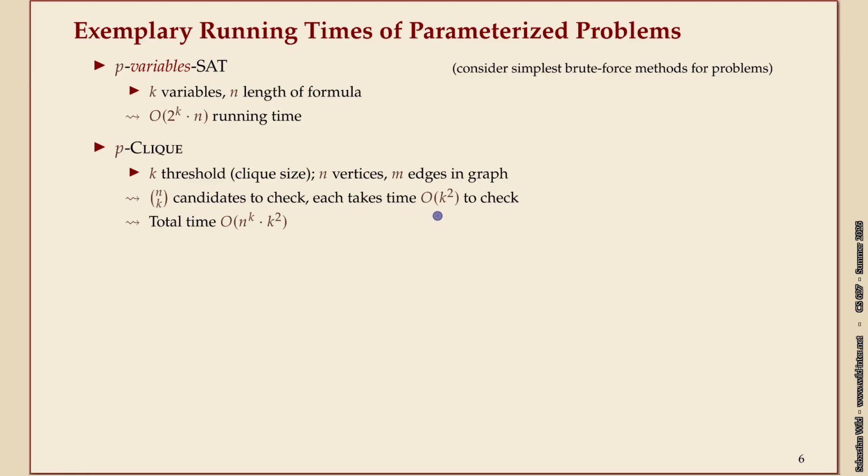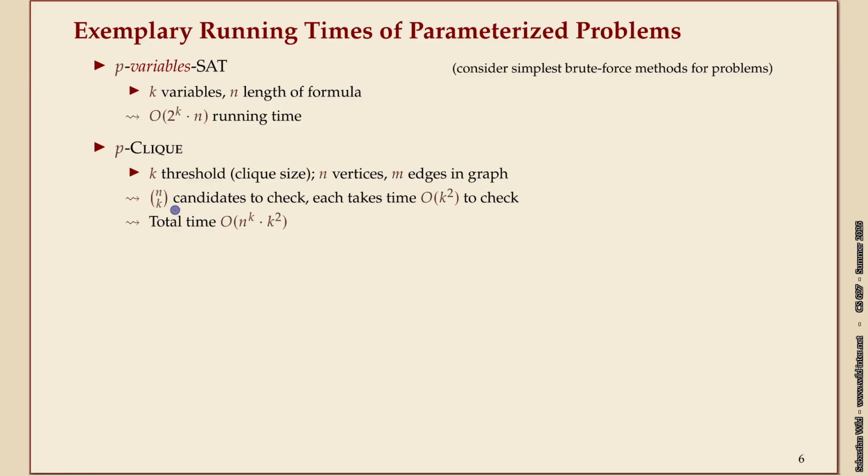I might do this if I have the graph given as an adjacency matrix. I might do this in constant time for each edge. Then the total time is the number of candidates to check times this time for each candidate.